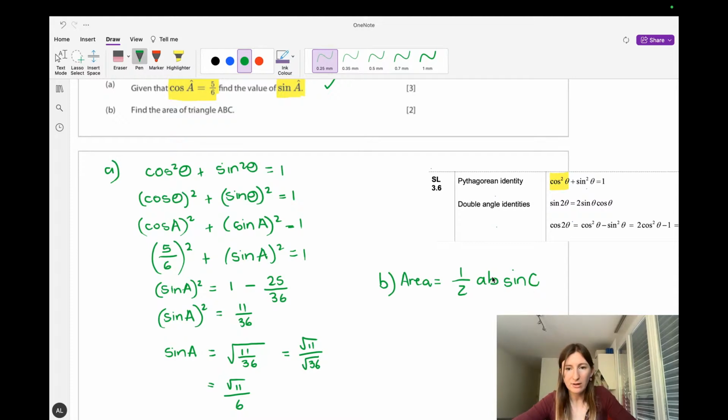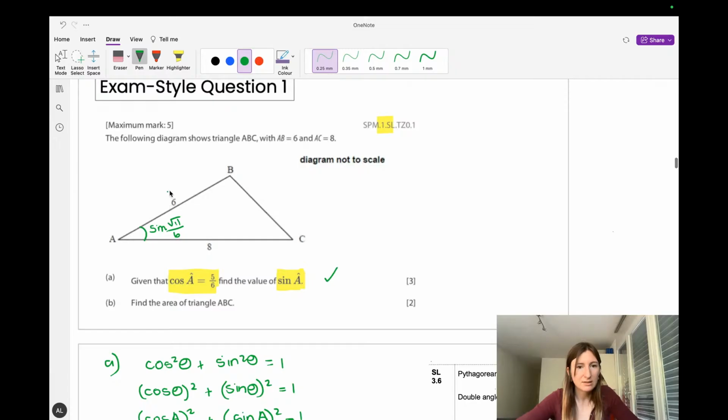And we have half AB sine C. So again, that included angle. I can't do AB sine B. It has to be the sides that are including it. So I have 6, 8, and my included angle, which was just root 11 over 6.